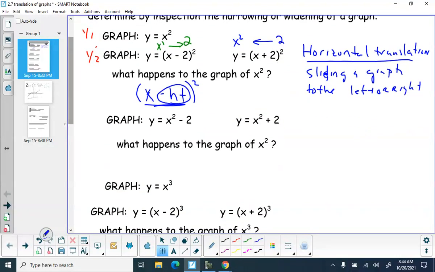Now, if we take a look, we still have our y1 is x squared. In your y2 and your y3, type in your x squared minus 2 and your x squared plus 2.